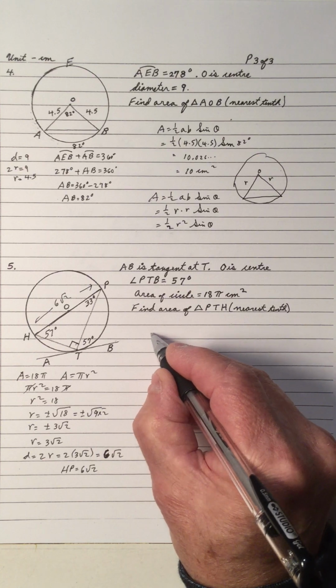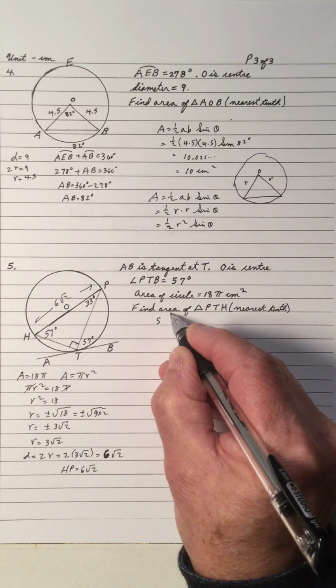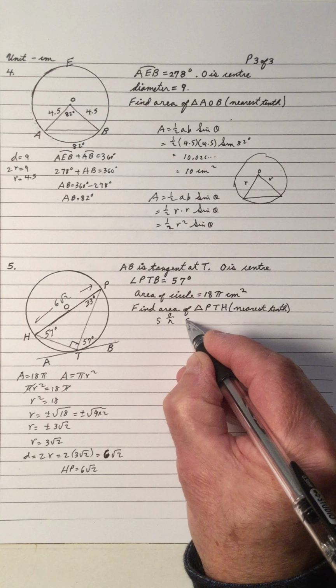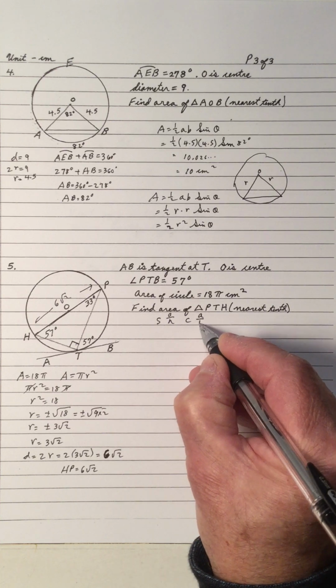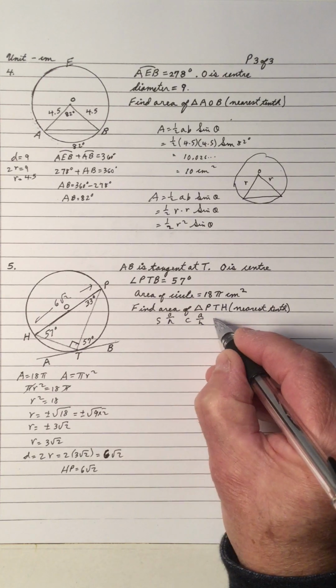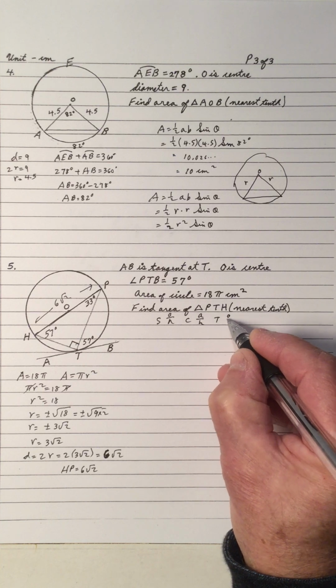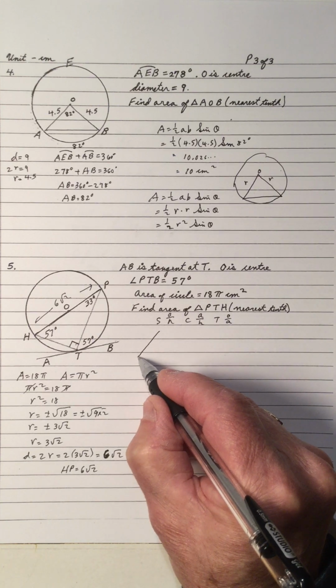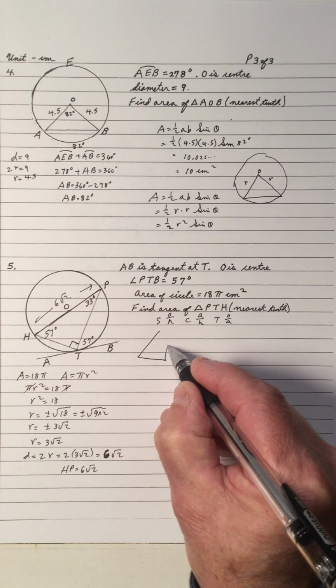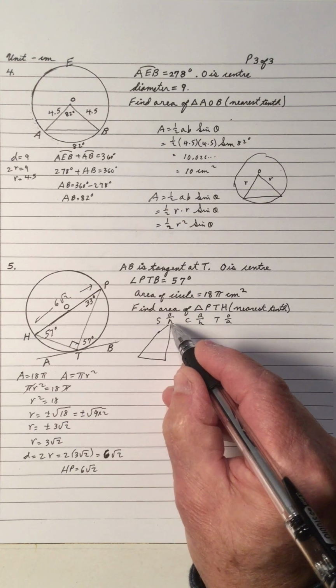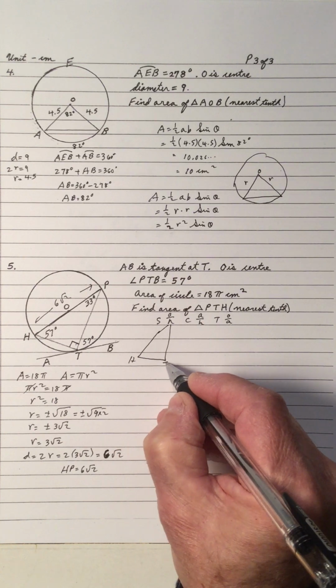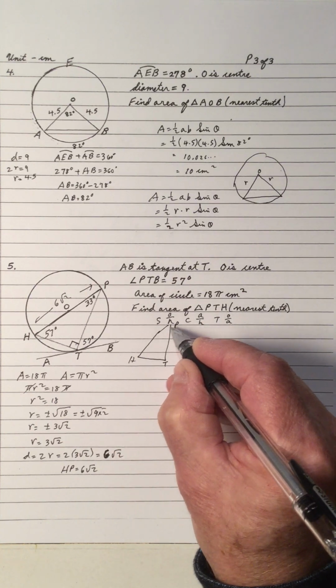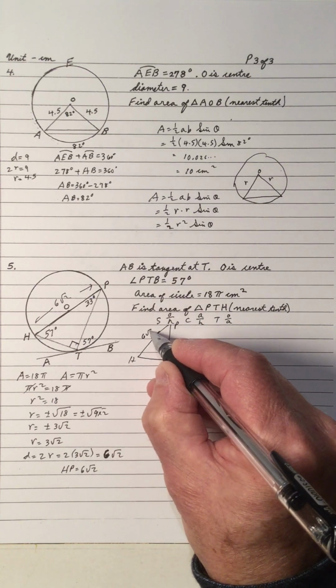57. So SOHCAHTOA: sine is opposite over hypotenuse. Cos is adjacent over hypotenuse. Tan is opposite over adjacent. So I'm going to redraw this triangle just quickly. There it is. So that's H, T, and P. And this is 6 root 2.